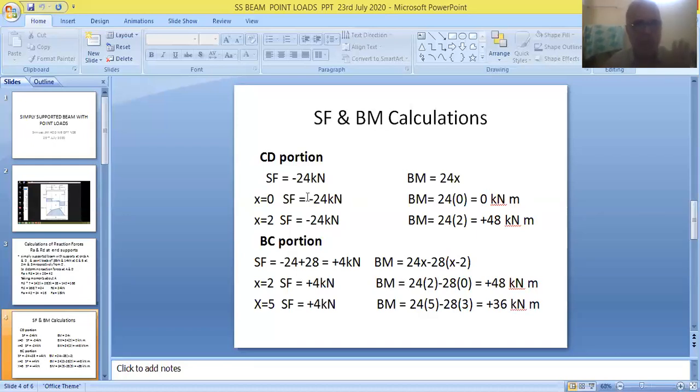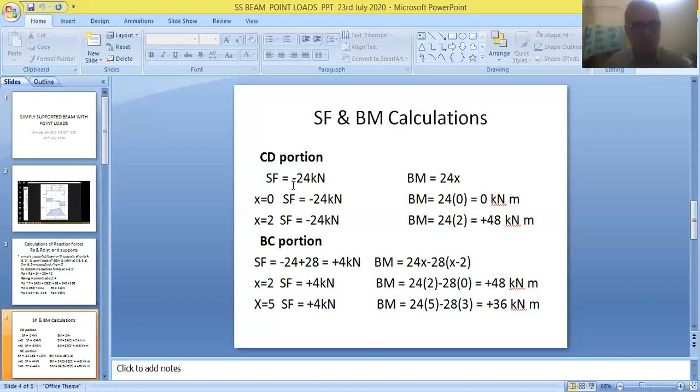So friends, allocation of symbols is very, very essential for obtaining shear force and bending moment values. And as I've already told you, you have to take the lower limits and upper limits for x values.